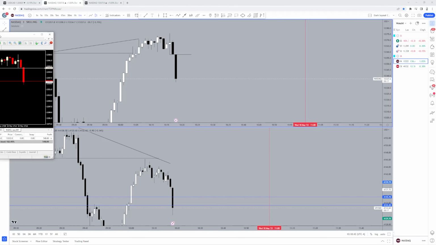There you go. Look at the trade right here on my MT4 platform.